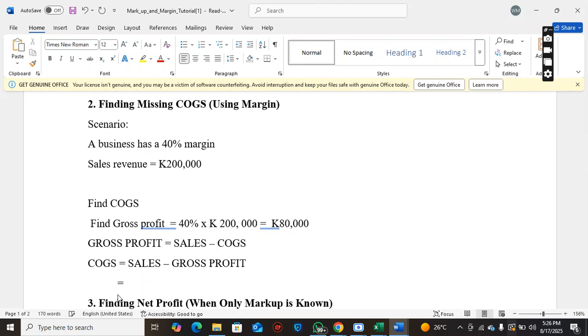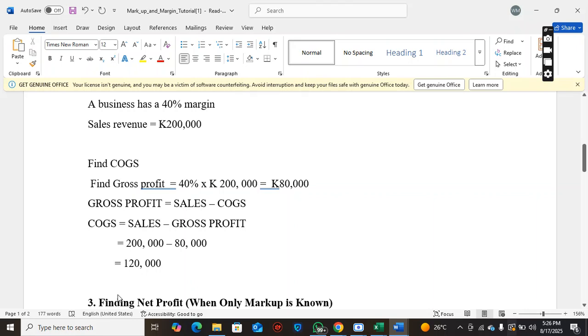So the sales, 200,000 minus gross profit, 80,000. So the cost of goods sold, 120,000. Any question?